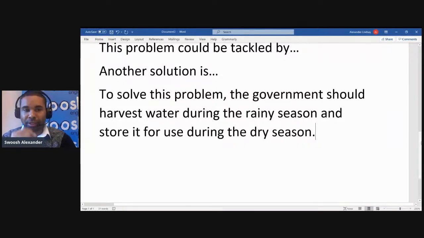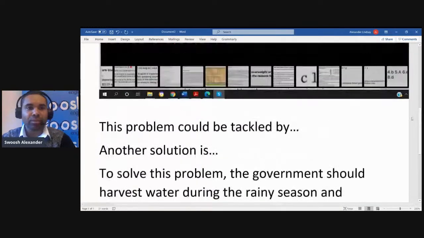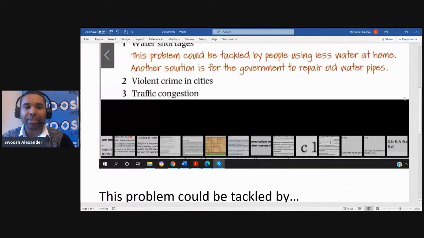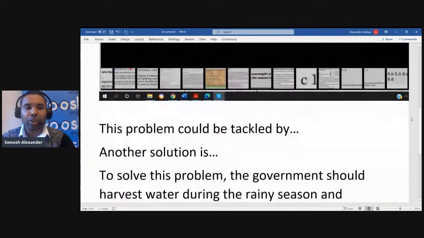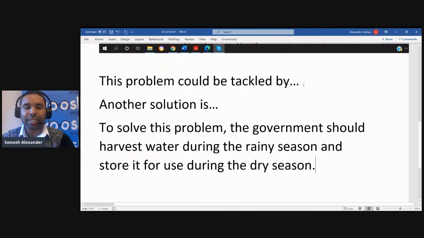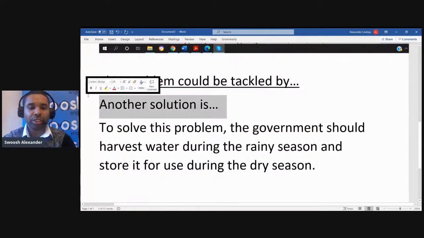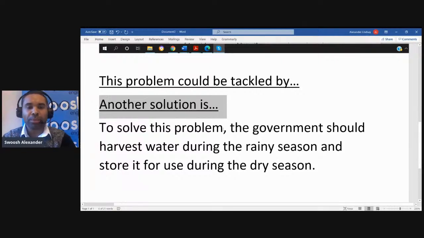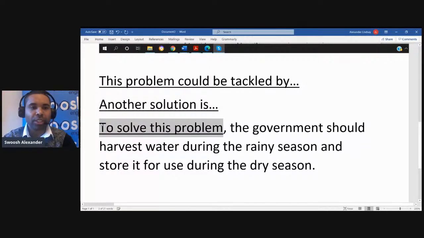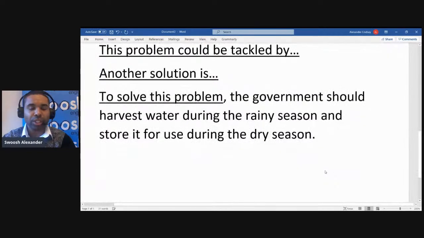Let's have a look at another topic now. So the next one was violent crime in cities. So we've got 3 ways of starting our sentence now. Let's just underline them. We've got this problem could be tackled by, another solution is, to solve this problem. So we could use one of these, or we could use something different. Let's use something a little bit different.